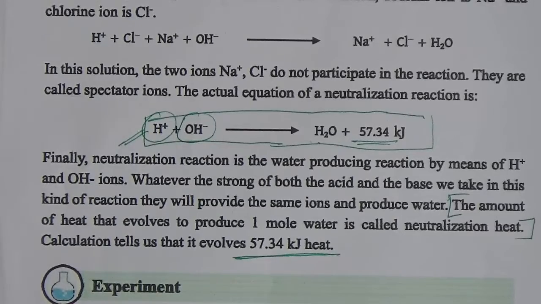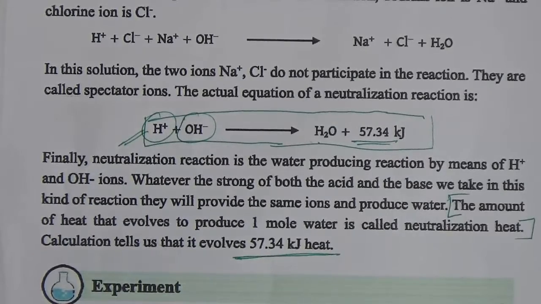Now come to the next one, that is precipitation reaction. When two soluble compounds are mixed in a certain solvent, if any new compound is produced that is insoluble or partially soluble in that solvent, that compound settles at the bottom of the container as a solid.